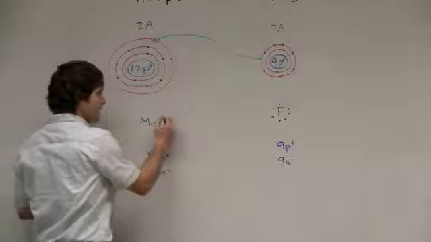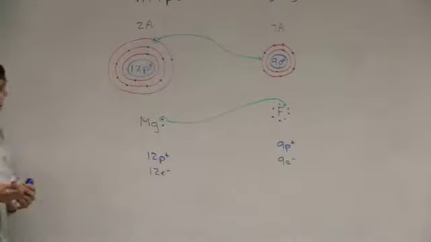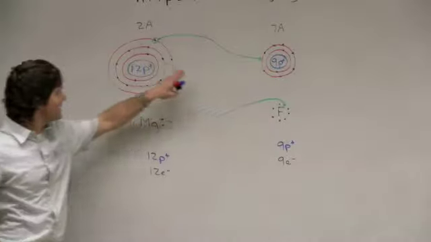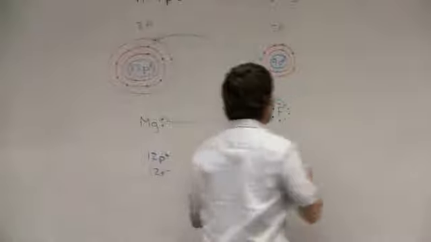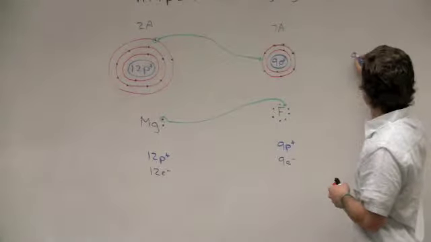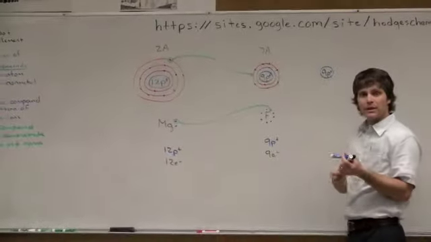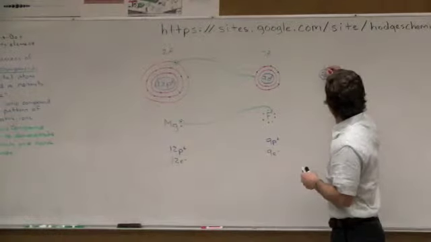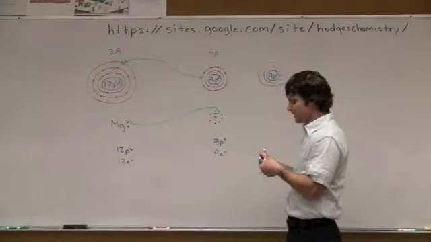But the problem becomes fluorine doesn't want any more electrons. Now it's got 8, but magnesium still has 1 to give away. So in this case, we would need another fluorine non-metal atom to be able to accept that other outermost electron from magnesium.